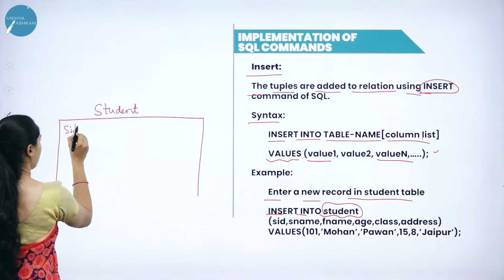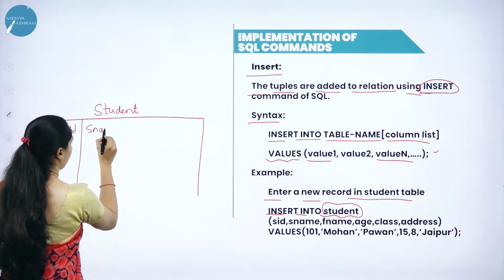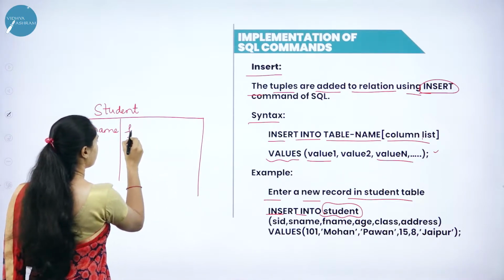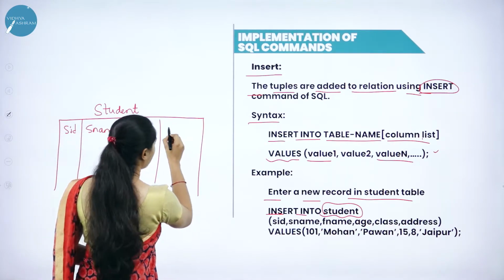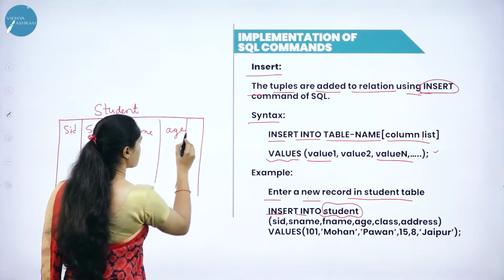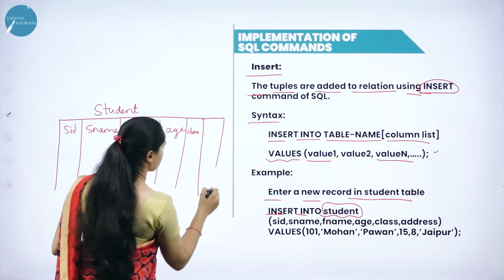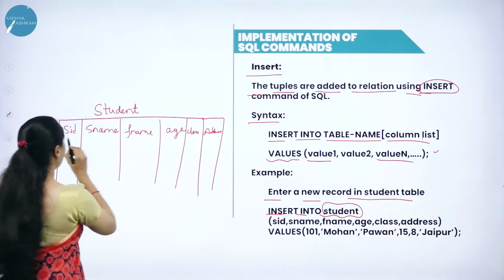Consider that as a SID and also we have a student name. Then we have a next column called father name and we have one more column called age. Then we have class and also we have an address, right? So these are the columns of my student table.